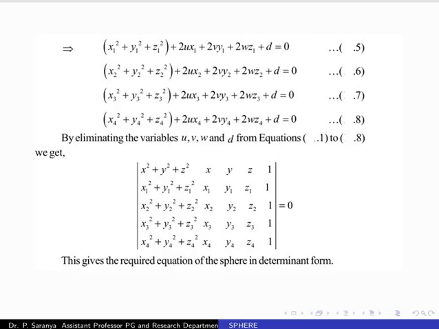This determinant value is equal to 0. This gives the required equation of the sphere in determinant form.